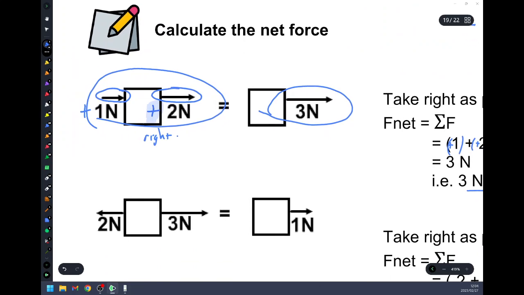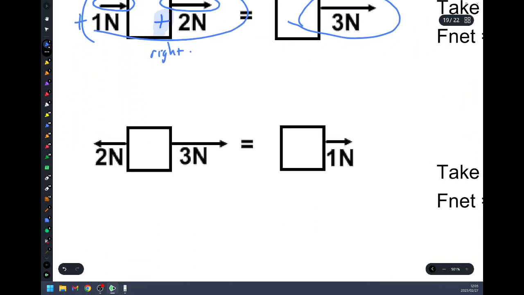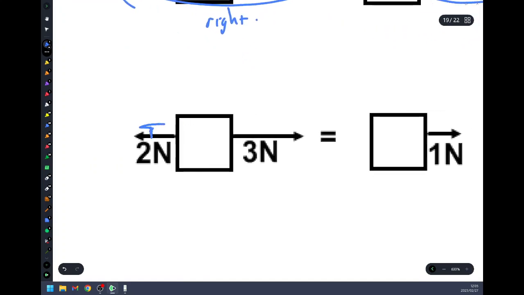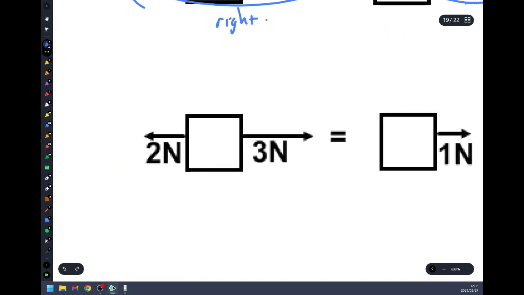Okay, now we've got two different forces acting in different directions. So our 2 Newton force is acting to the left. And because it's acting to the left, we're now going to define it as a negative force, where the 3 Newton acting to the right is positive. So right is positive.